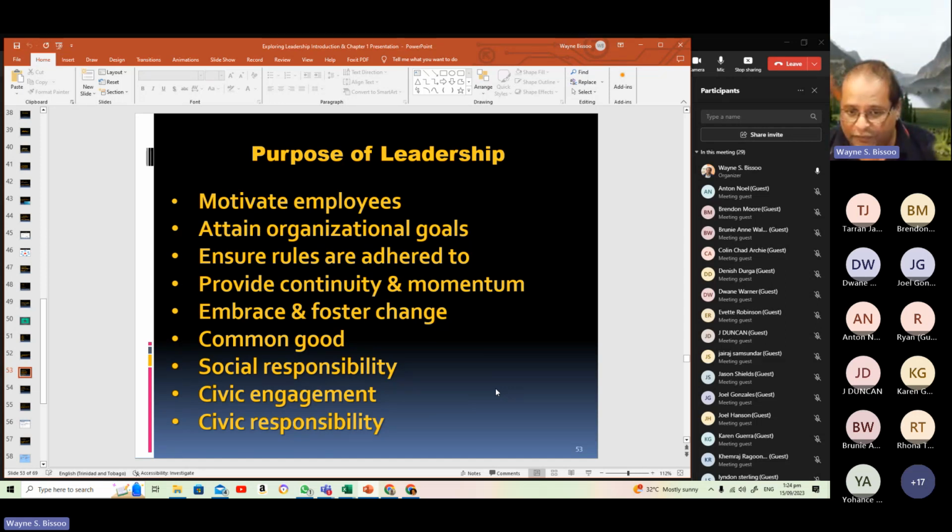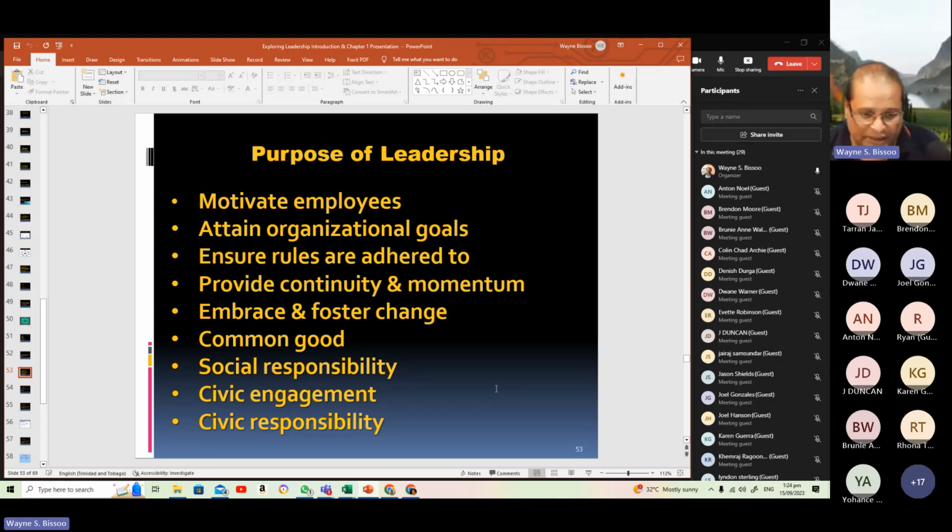Ensure that the rules are followed both by yourself and followers. Provide continuity and momentum, and this is what we talk about: making sure that we continue moving towards the goals that we want to get at a particular rate or state that makes us move along. So you keep on hitting these marks and moving forward.